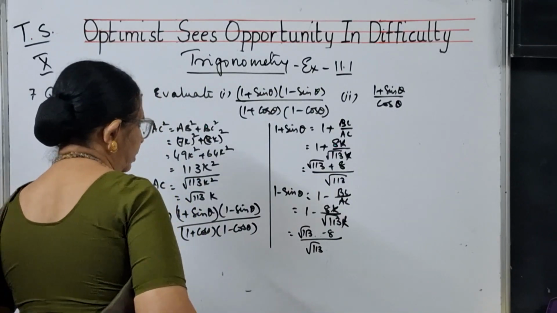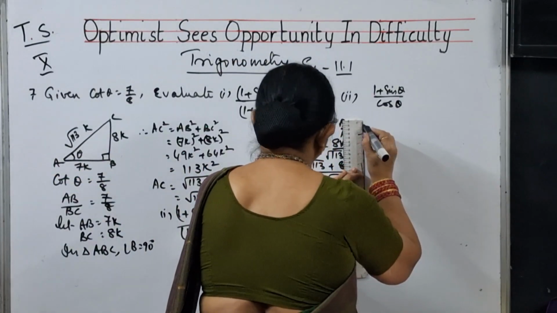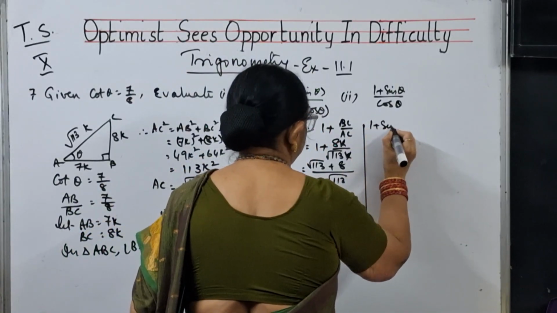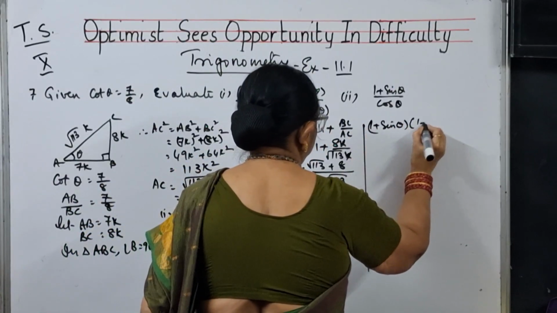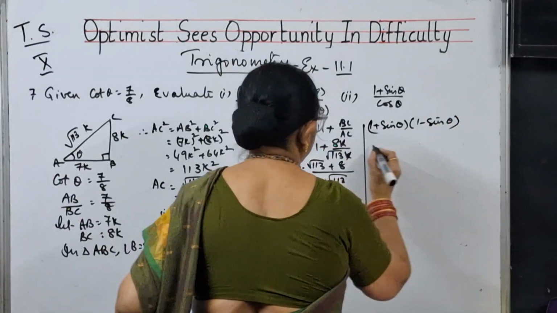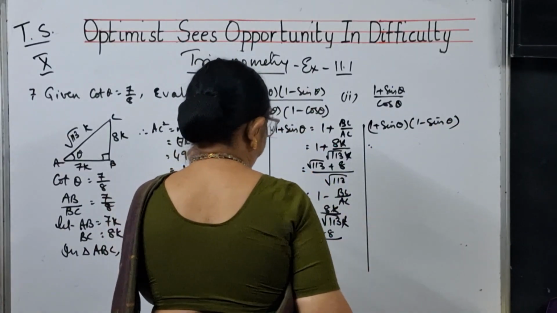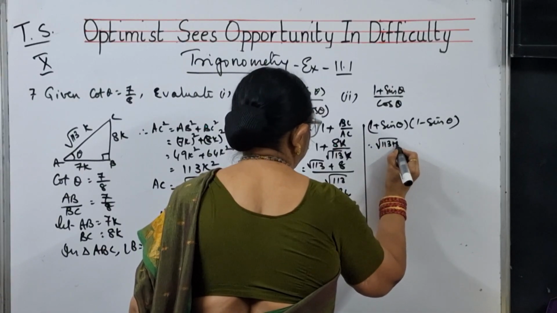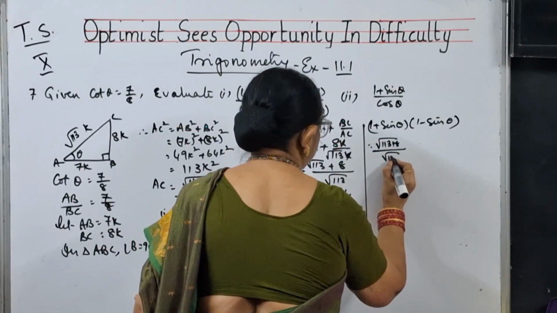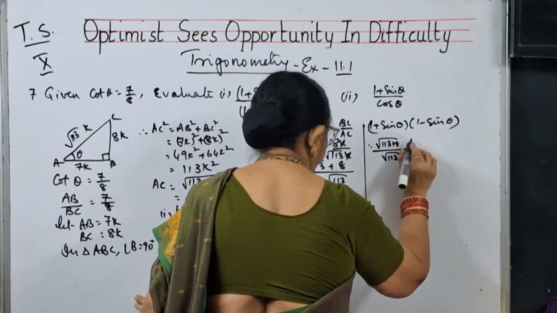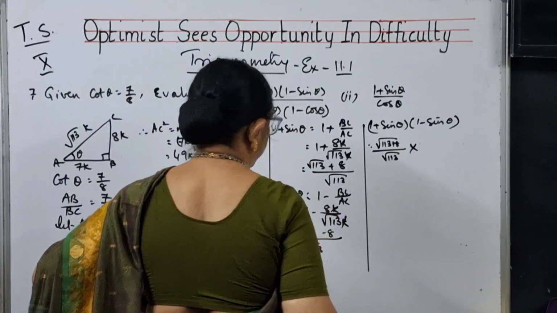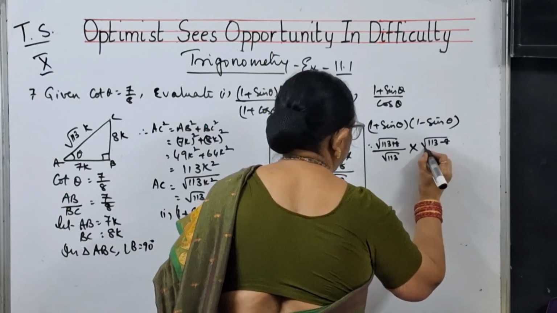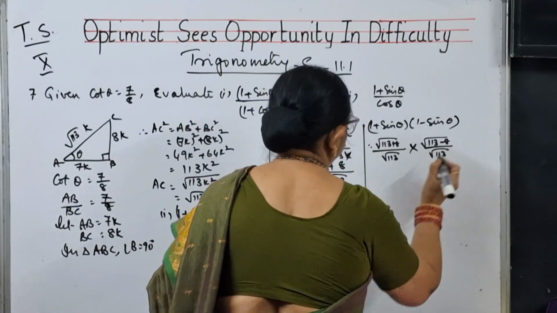So the next part is 1 plus sine theta into 1 minus sine theta. This is equal to, what is 1 plus sine theta? Root 113 plus 8 by root 113, into this you are multiplying root 113 minus 8 by root 113.